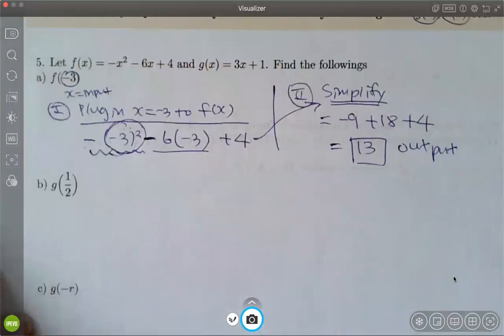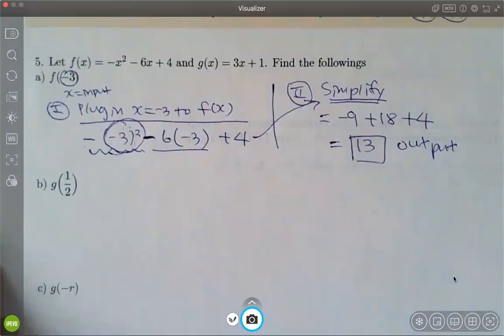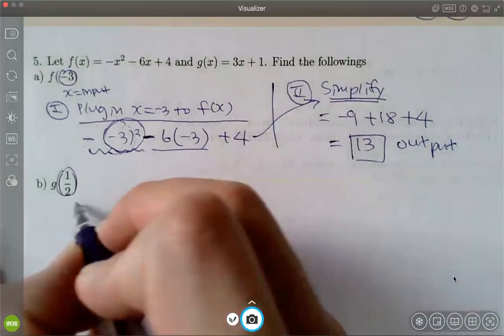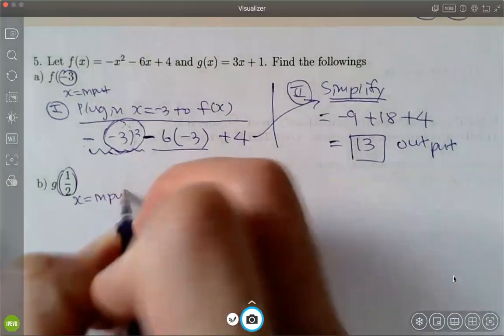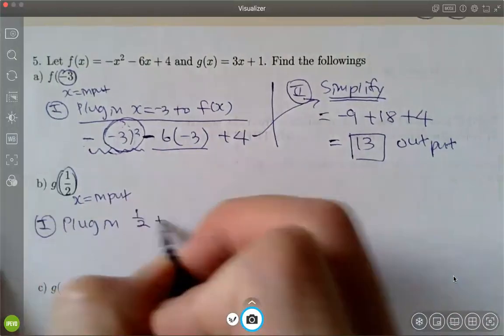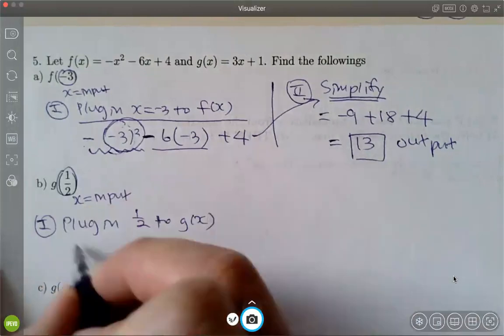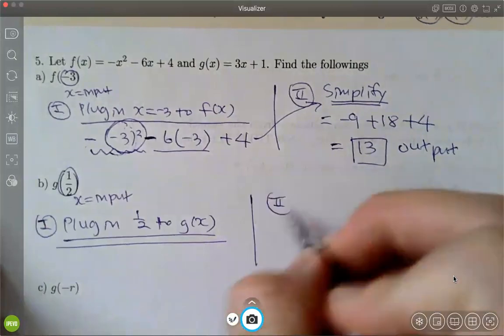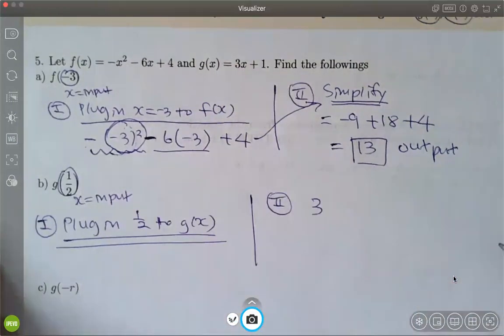And now, g of 1/2. Okay, so now here, what do we do? Plug 1/2 in as x. In which function? F or g? In the g of x, right? So that is the input this time, 1/2. So we plug in 1/2 into g. Okay? So what we do is 3 stays the same, right there.